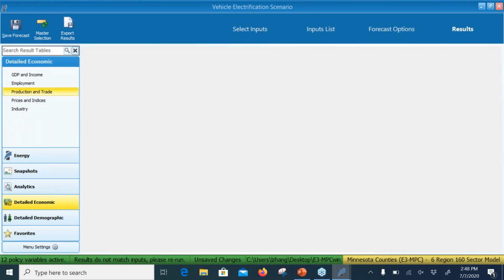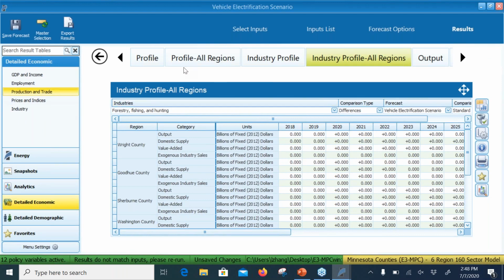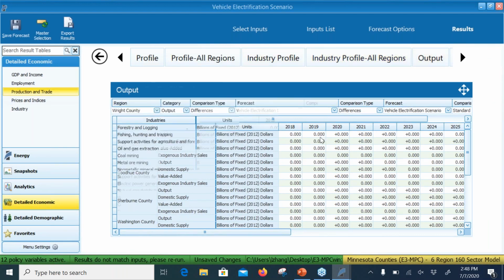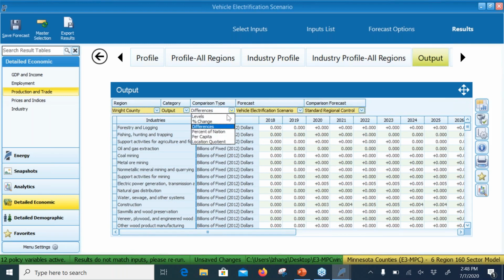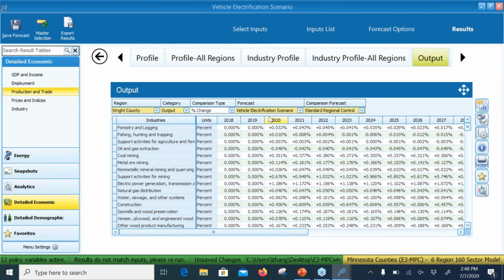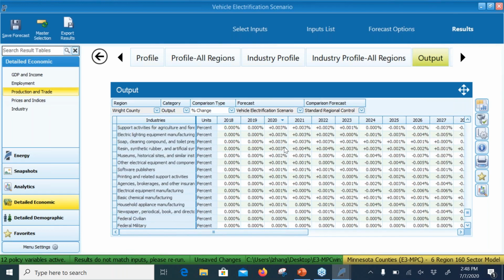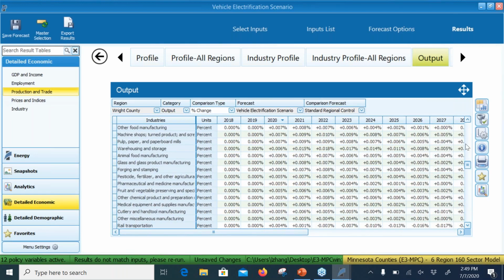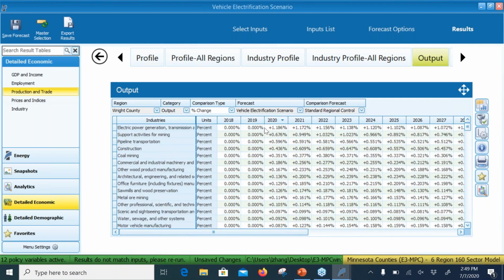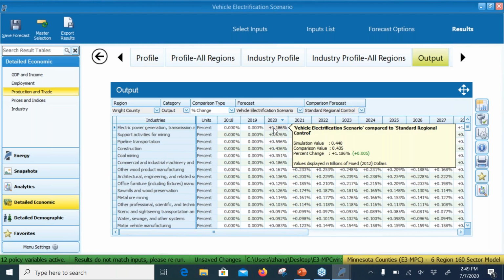For a more detailed economic look, unsurprisingly, if I look at which industries had their output most affected, petroleum and coal manufacturing and oil and gas extraction are affected the most in a negative direction, versus electric power generation, which was affected the most in a positive direction.